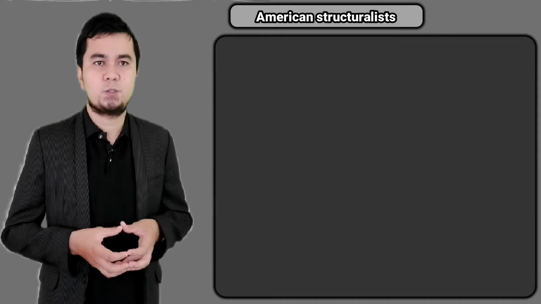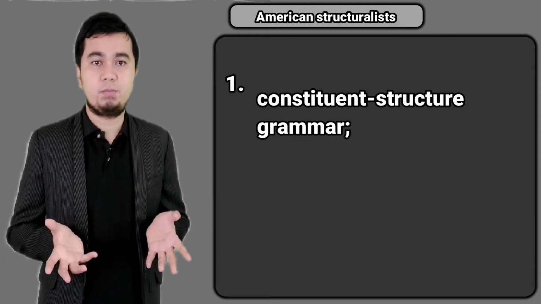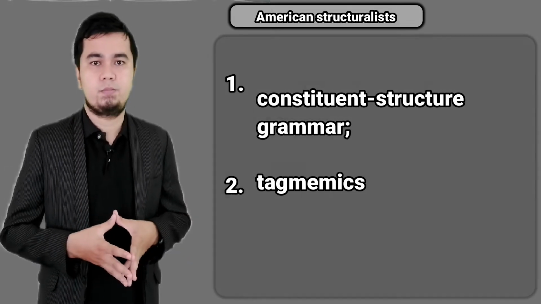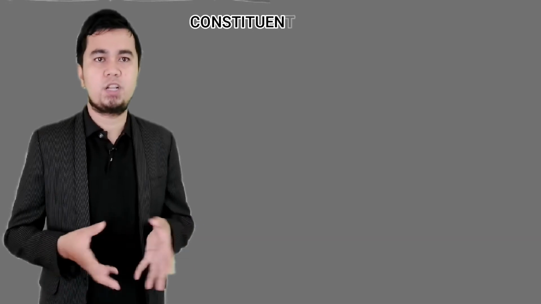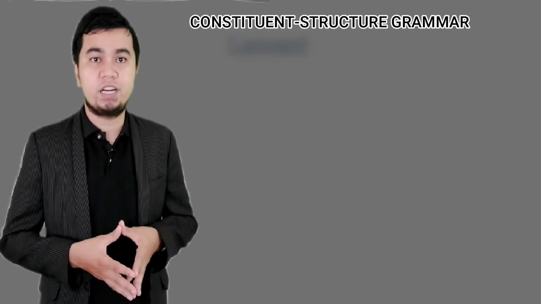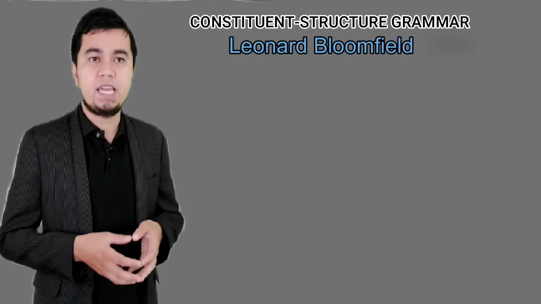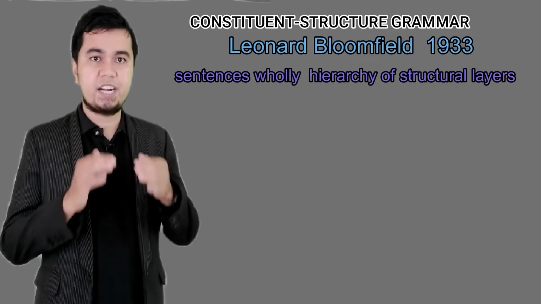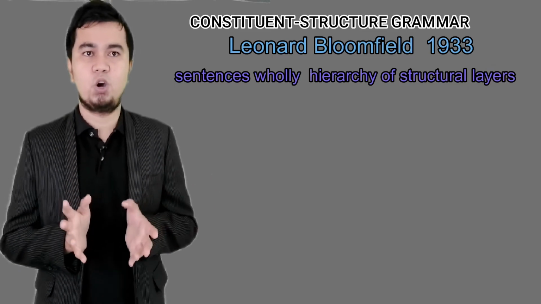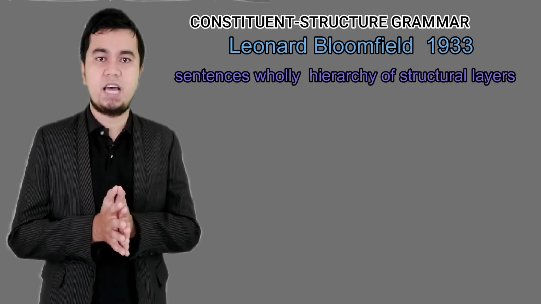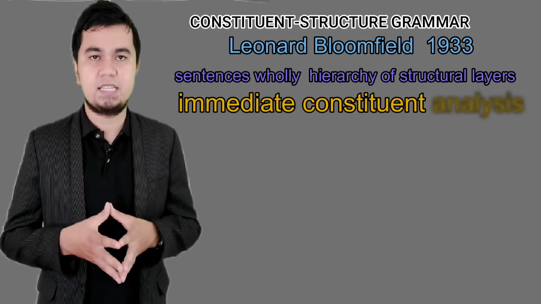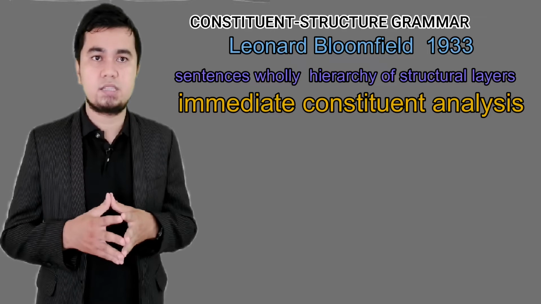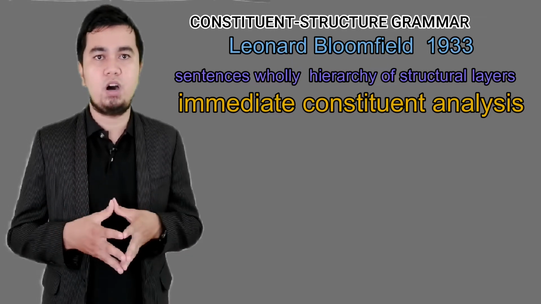Now, in structural grammar, there are two best-known examples, both from the American structuralists: constituent structural grammar and tagmemics. The constituent structural grammar is a model introduced by Leonard Bloomfield in 1933. It analyzes a sentence wholly in terms of hierarchical layers. It uses immediate constituent analysis, referring to the major divisions that can be made within the structure at any level.